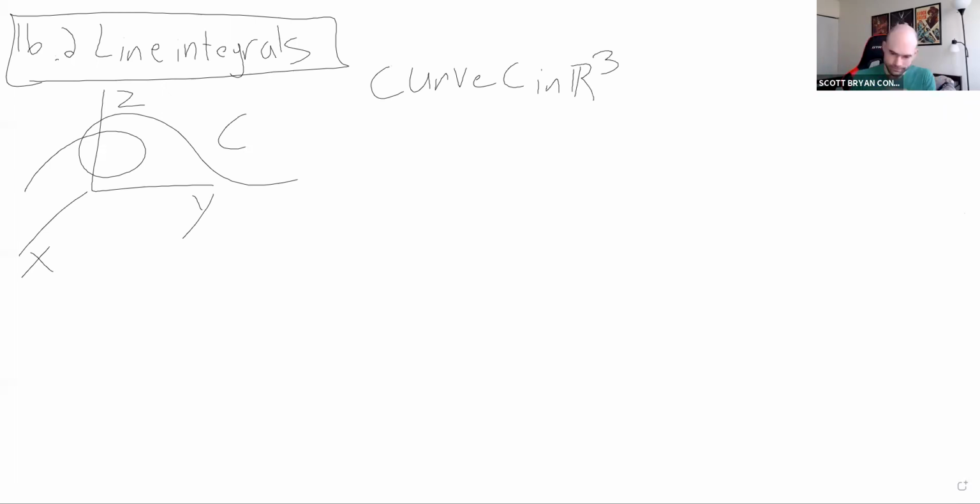So we have a curve C. Then we can integrate a function along this curve. So it's a single integral in this case. So we have a function of 3 variables.